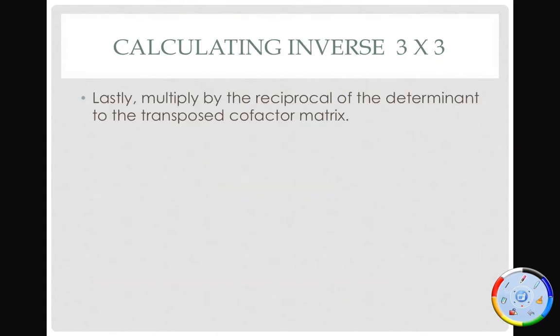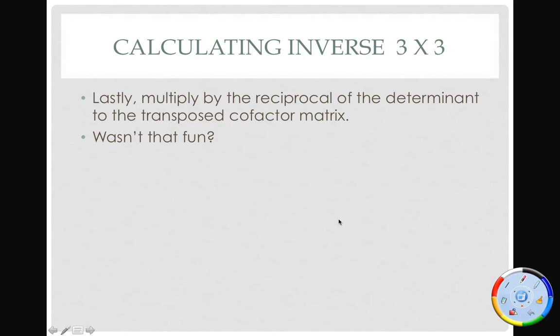Now we can actually calculate. Now that you have that transposed matrix, you can multiply the reciprocal of the determinant of the original matrix by the transposed cofactor matrix. And then, of course, this me being dorky wasn't that fun. Okay.